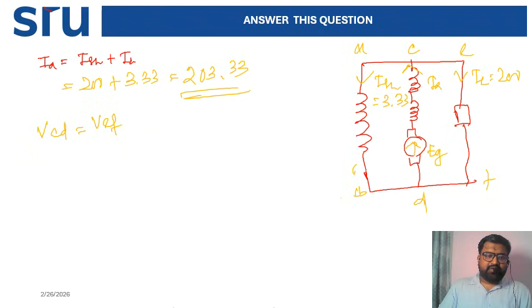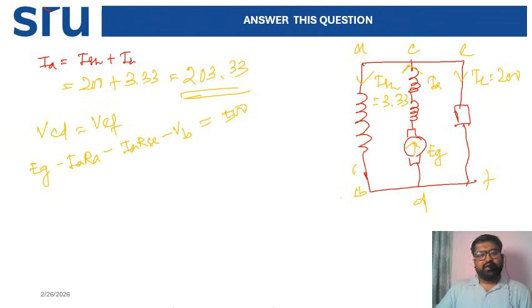That is EG minus IA RA minus IA into RSE minus VB, because brush voltage in the question is given, minus VB is equal to your load voltage. Load voltage is 500 volt. It is given. Then we have to calculate EG, then minus 2 volt for VB.